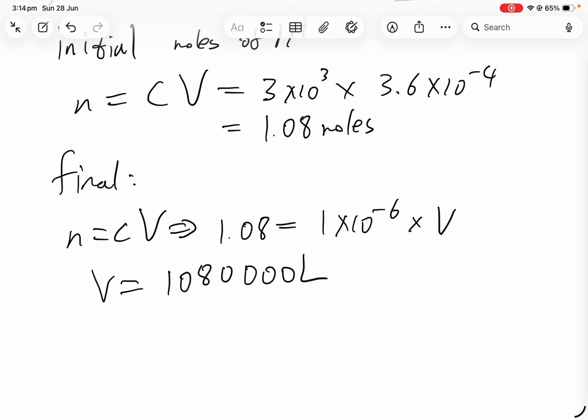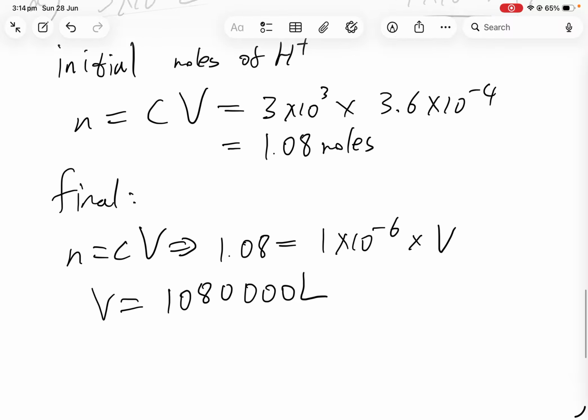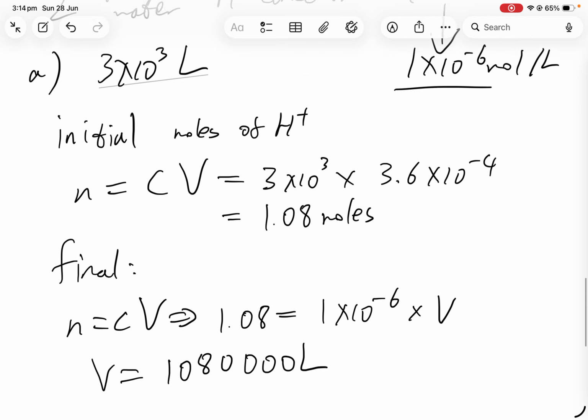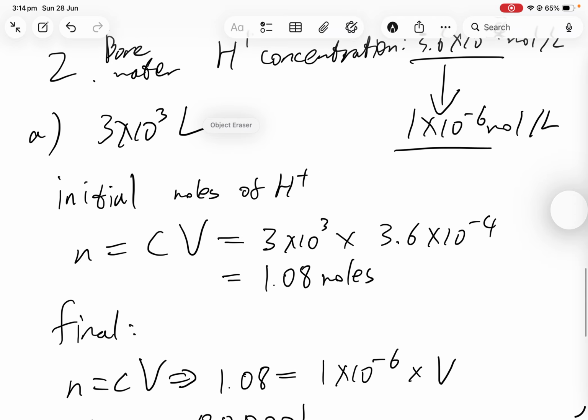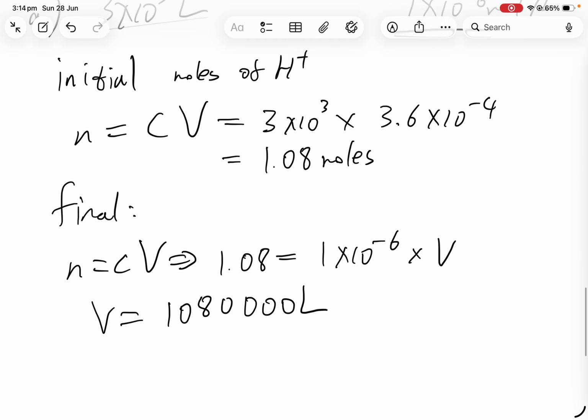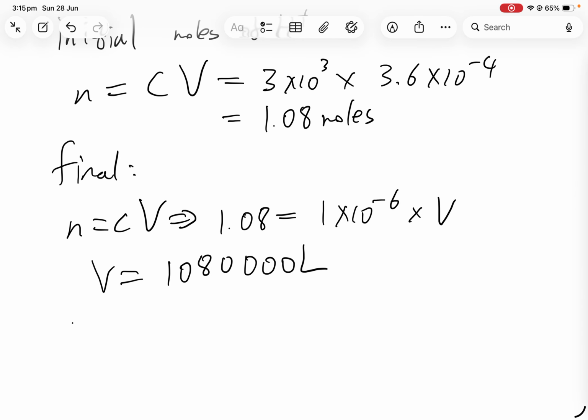Because that's the total, we have to subtract the initial bore water volume to get the rainwater volume.